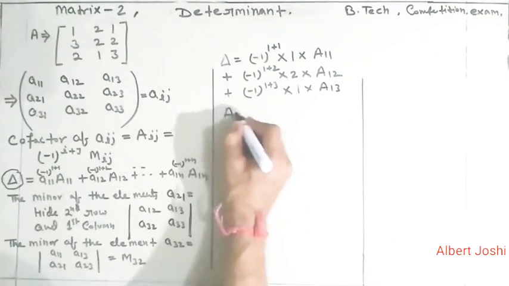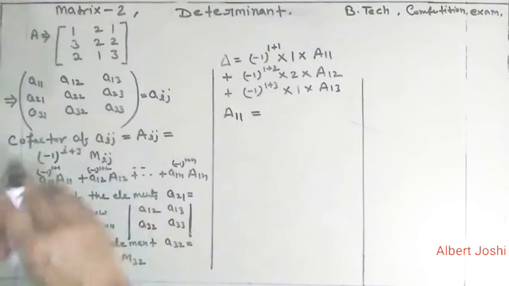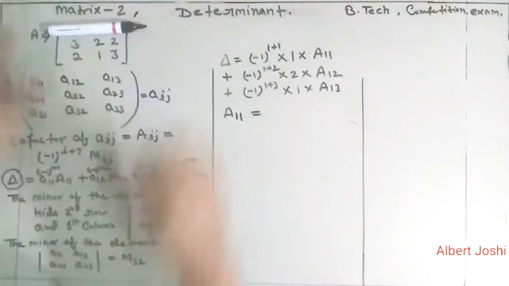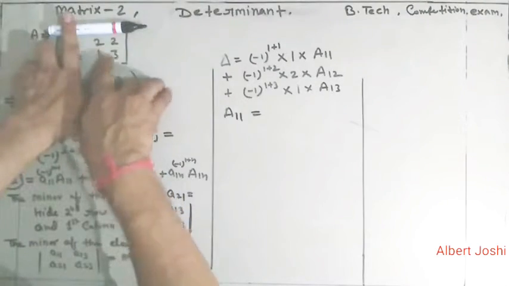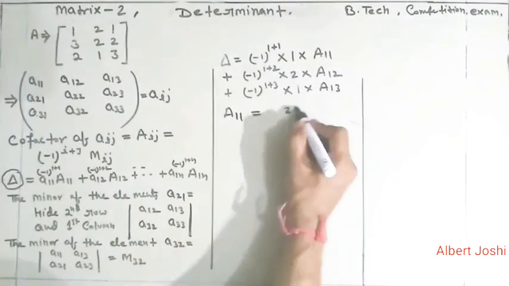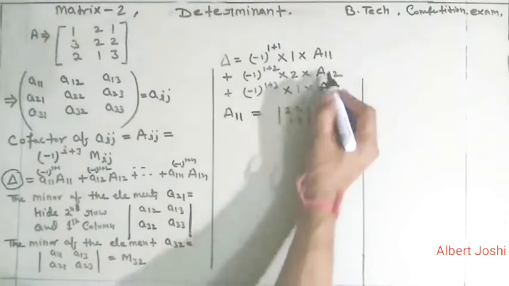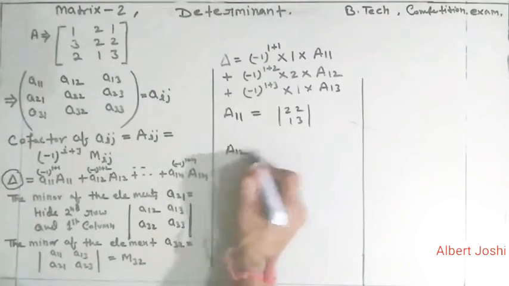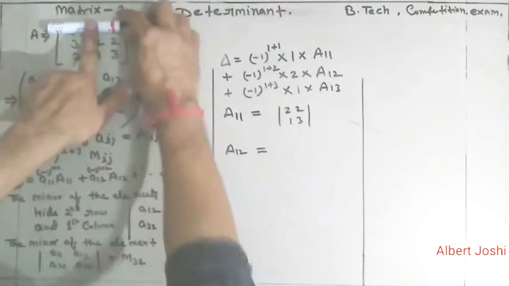How to find these? A11 means hide the first row and first column. Then what are you looking at? 2 2 1 3. A12 means hide the first row and second column.